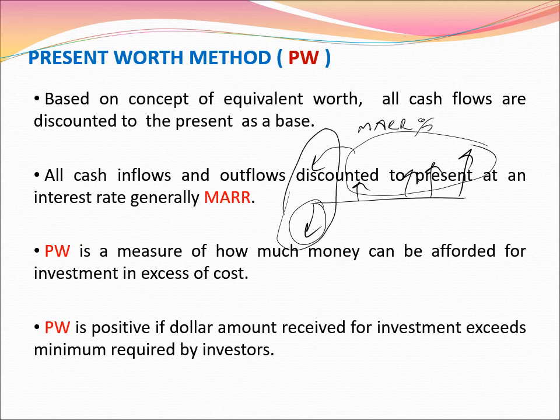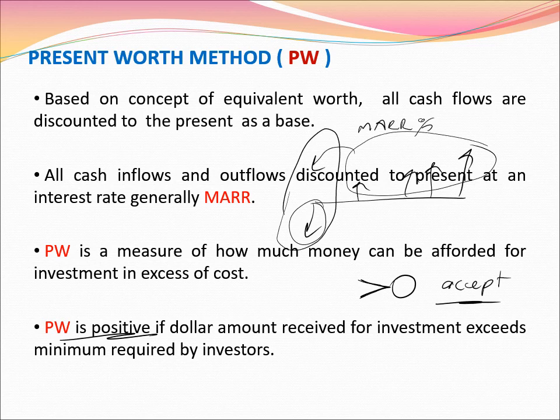And if this net value is greater than 0, if it is positive, we will accept this project. And what does it mean? It means that when this is greater than or equal to 0, this project earns more than the MARR, more than the minimum attractive rate of return.